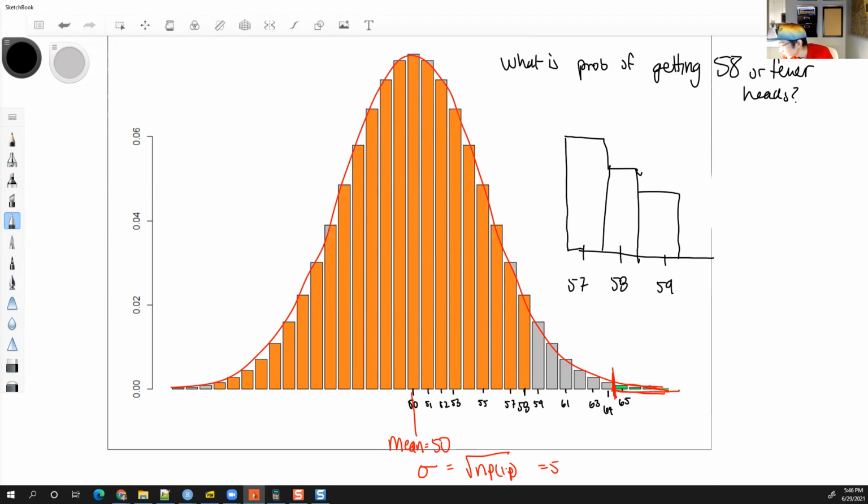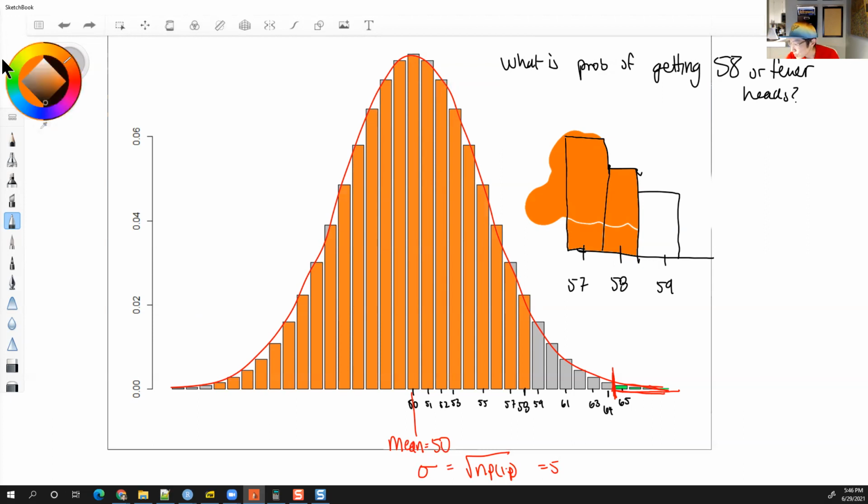I want the entire bar of 57, and everything to the left of 58, and so on. Therefore my cutoff here is going to be 58.5.